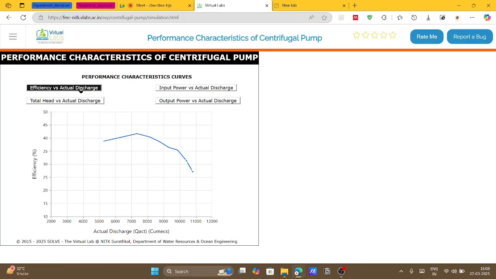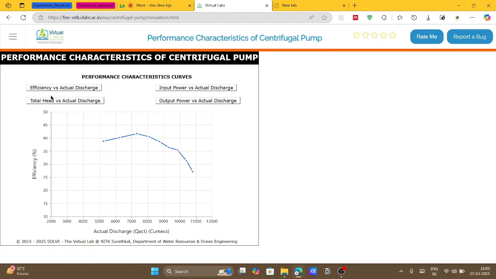Then you have the efficiency versus discharge. So it should be low at the lower flow rate. At some point in between we will get the maximum efficiency, which corresponds to the break even point, and after that, for the higher flow rate, the efficiency will go down, right? So these are the characteristic curves.